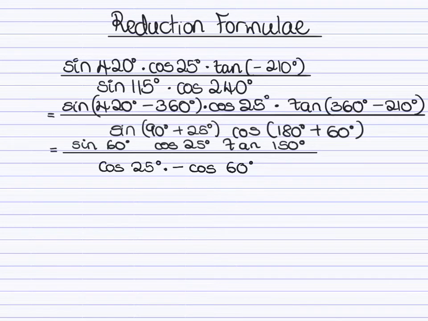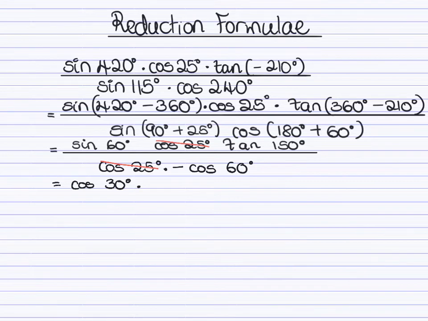Now, sine 60 degrees, I can reduce using complementary angles. The complementary angle in this instance would be cos 30 degrees. The cos 25, like I had mentioned, we can actually cancel, because they are common in the numerator and the denominator.